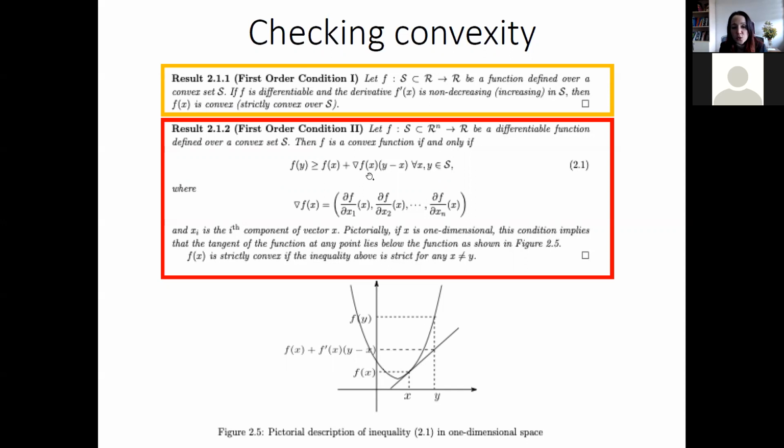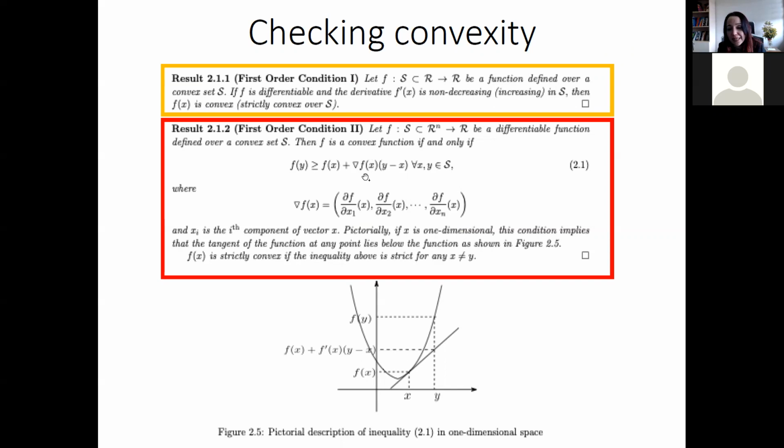Now suppose f is differentiable and we compute the gradient. You know what the gradient is. You differentiate with respect to all the components of the vector, that is, with respect to all the basis vectors of this vector space. In other words, with respect to all the dimensions, and you obtain this vector in n dimensions, which is the gradient.